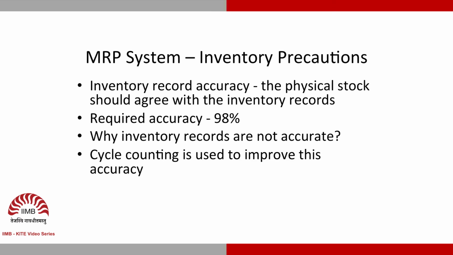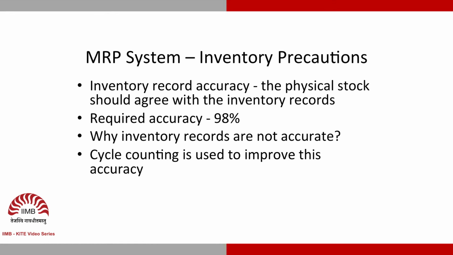Because we have done it at a process level, several other items whose inventory record accuracies may be poor automatically get corrected. Periodically, let us say once every fortnight, if I am doing this exercise, progressively I keep unearthing more and more process level bugs and correct them, so that over time overall inventory record accuracy in the system significantly improves.